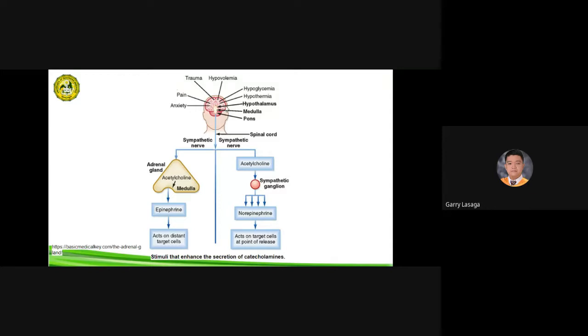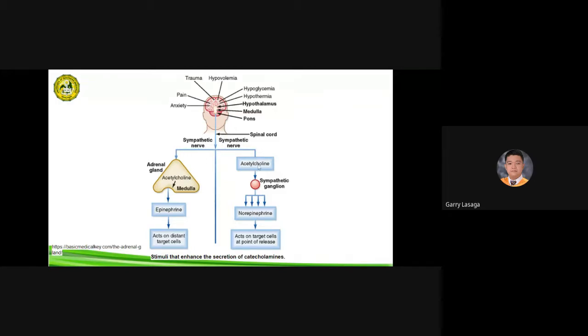So all of this will trigger the secretion of catecholamines, and catecholamines can be secreted in this portion here. This portion here represents the adrenal medulla. So the adrenal medulla can produce epinephrine in the presence of acetylcholine. Acetylcholine is also another type of neurotransmitter that is released by the sympathetic nerve.